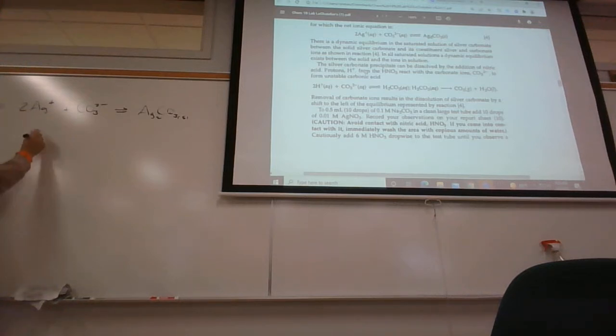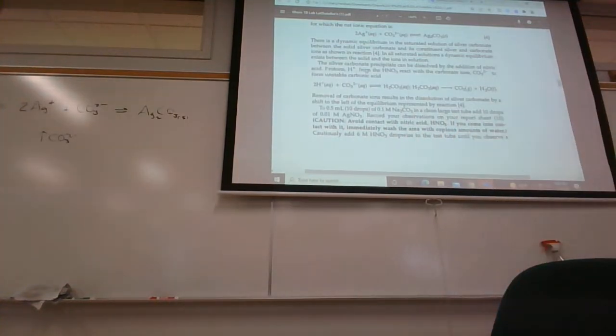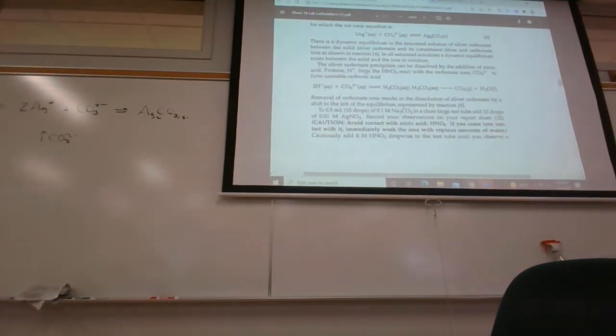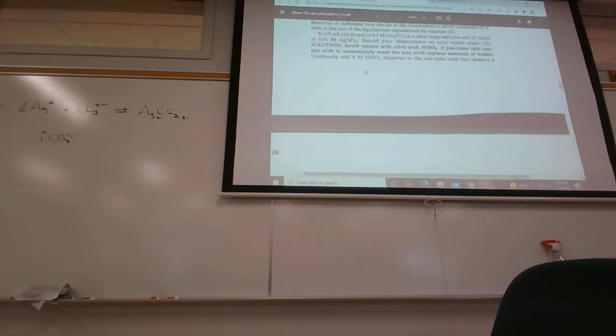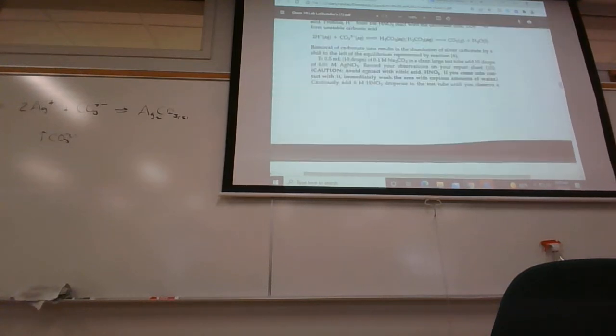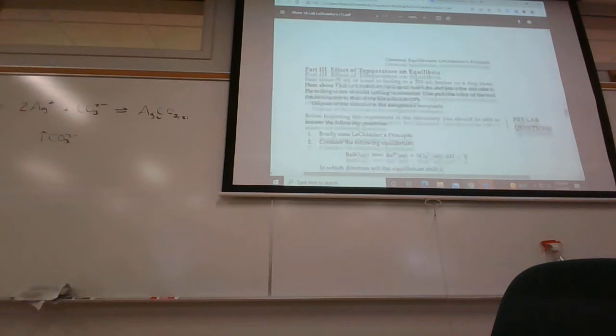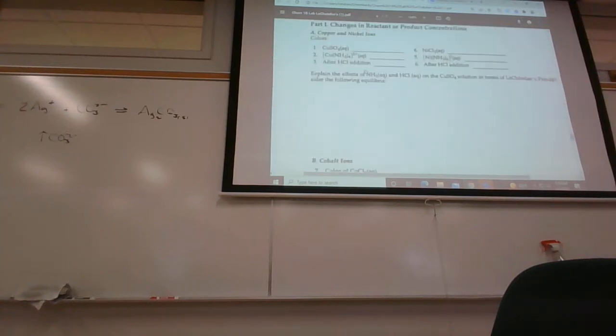So all we say here is increasing carbonate is going to shift this to the, well, actually, that's not what they want there. Let's see what they have. Just doesn't count for your observations. Okay, 11 is nitric acid. Okay. So let's go back to the report sheet.